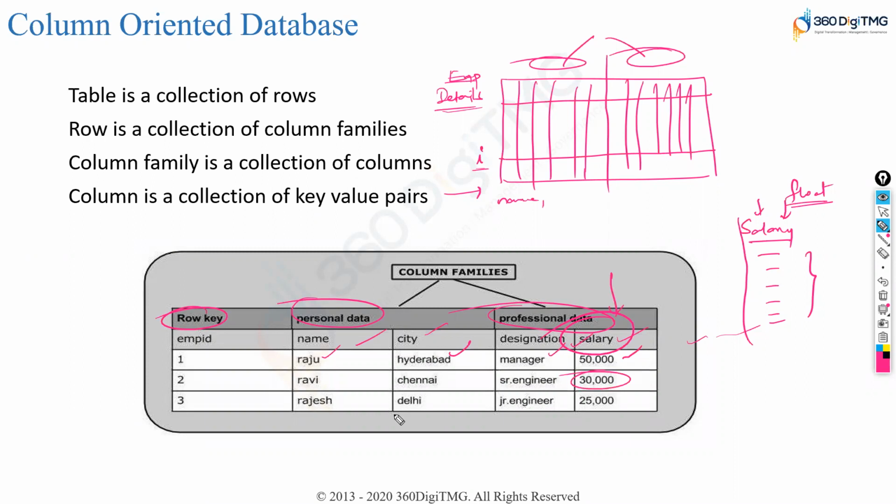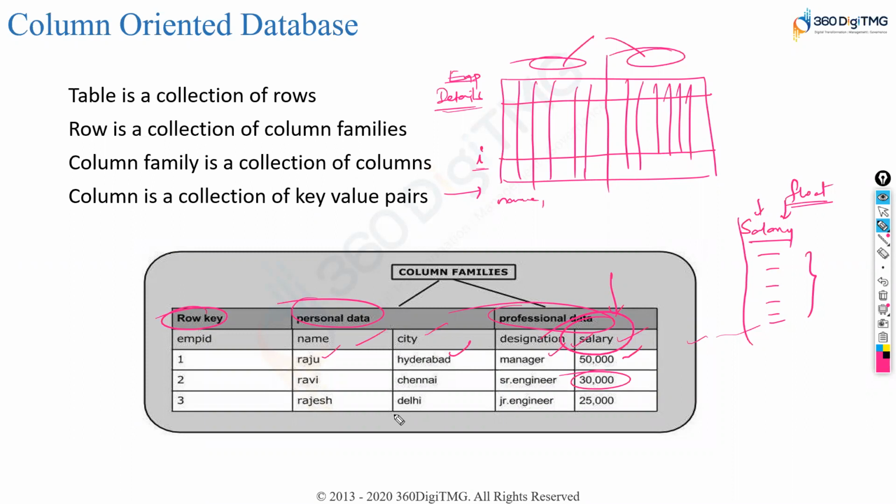When we read the data, we read only one data type, right? Salary. Salary means what? It is a float type. So I will only read salary. So my data read and write operations become easier and much faster.